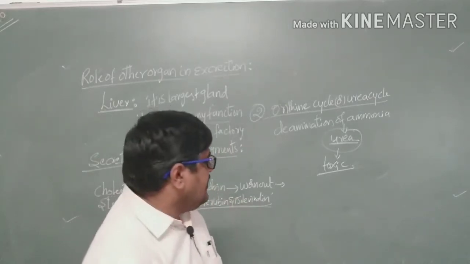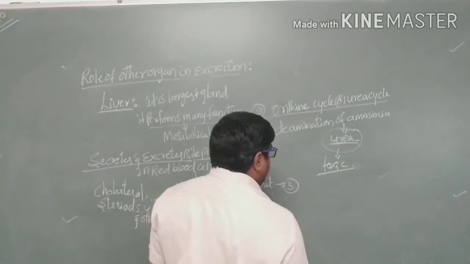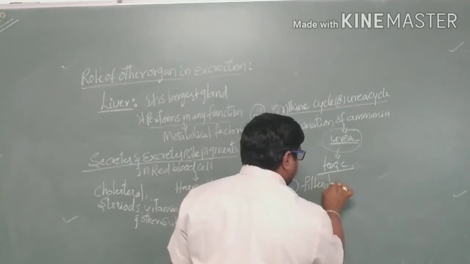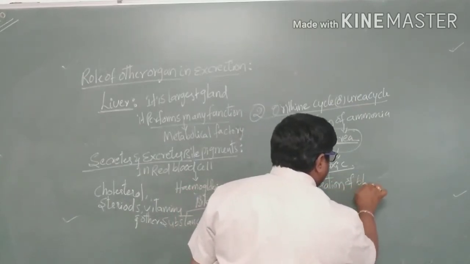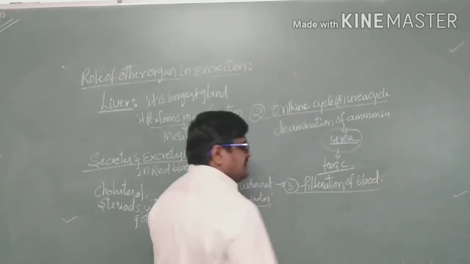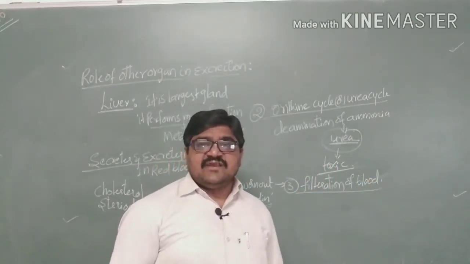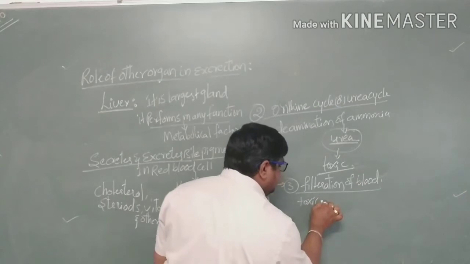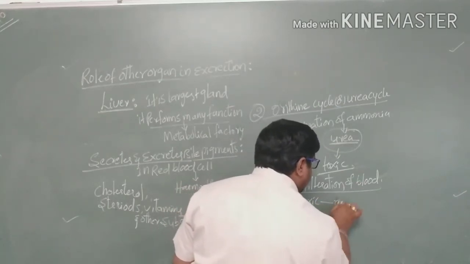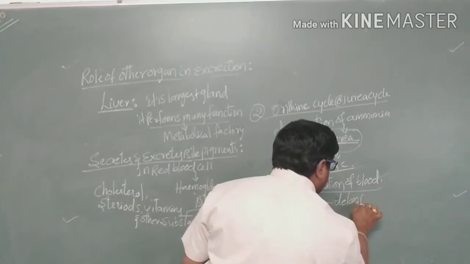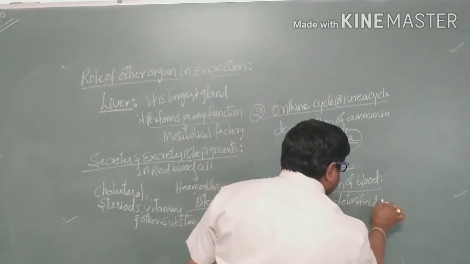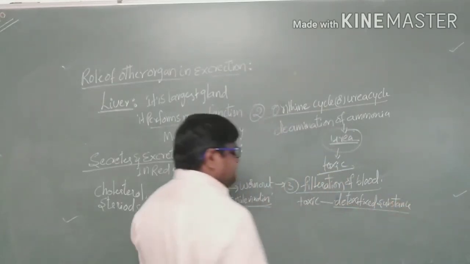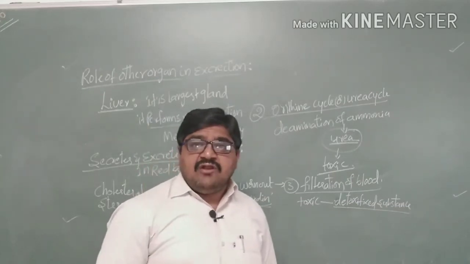And also the third one is helpful for the purification and filtration of the blood. If the blood contains toxic substances, those toxic substances are converted into detoxified substances, which helps the filtration of the blood.